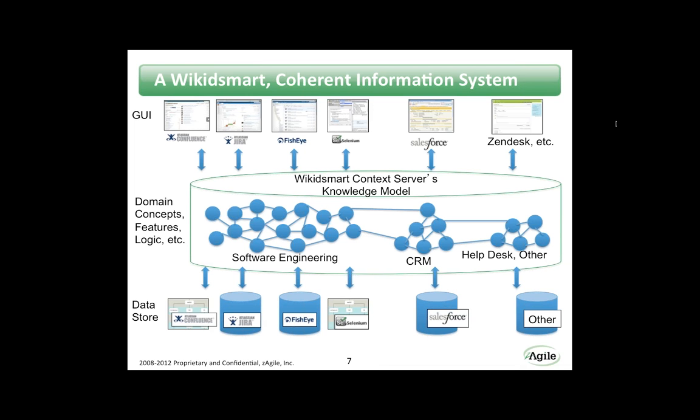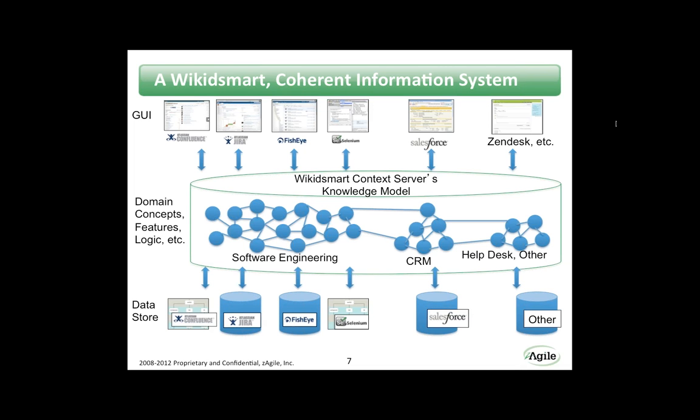Now, if you want to exchange information between JIRA and Confluence, or between JIRA and Salesforce, or between JIRA and Zendesk, that information flows through this contextual model, this knowledge model that I just described, and it manifests that information in a contextual way for the user, okay? So if you're looking at a requirement, guess what? You can easily see the tasks and links to the code and links to user stories and epics right with that requirement should you choose.